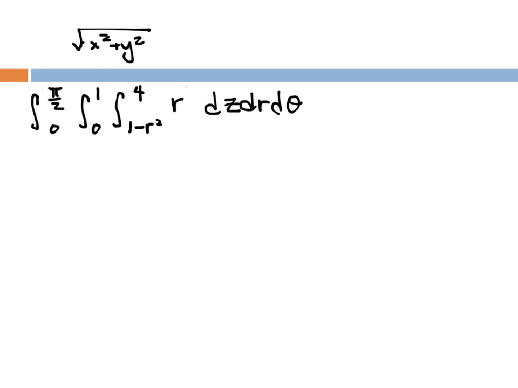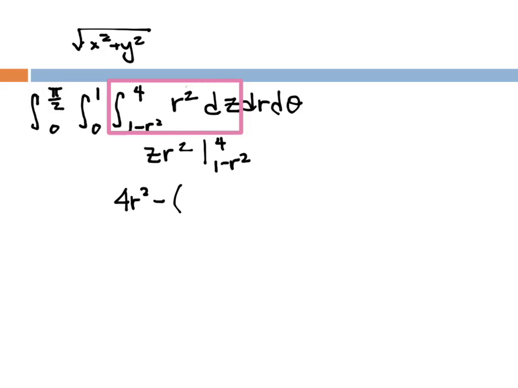We're going to take an integration with respect to z, which is going to give me z r squared. I'm going to evaluate that at 4 down to 1 minus r squared. So I evaluate at 4 and I get 4r squared. And if I evaluate at 1 minus r squared, I get r squared minus r to the 4th.